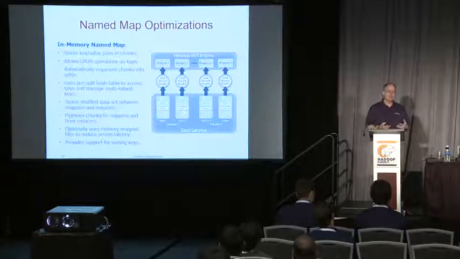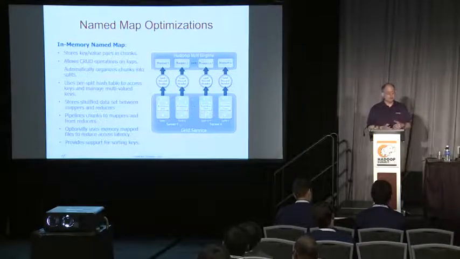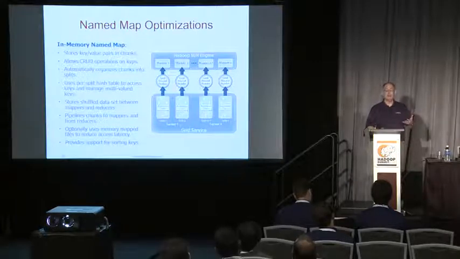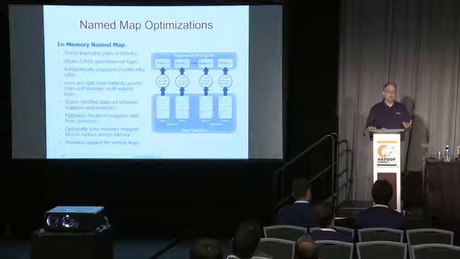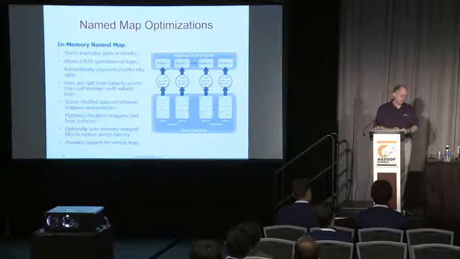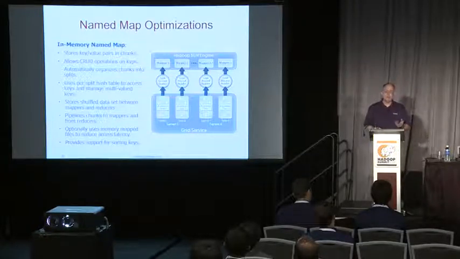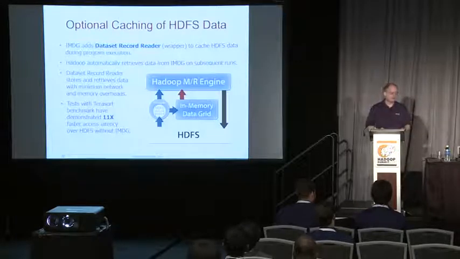This can all be done using one mechanism that's leveraged in all three places: input, intermediate, and output, and also for batch updates to the NameMap itself. So we can do bulk updates and bulk reads using the same technique. Also, the techniques we're employing here allow you to turn off sorting, and I'll say a little more about that in a minute.